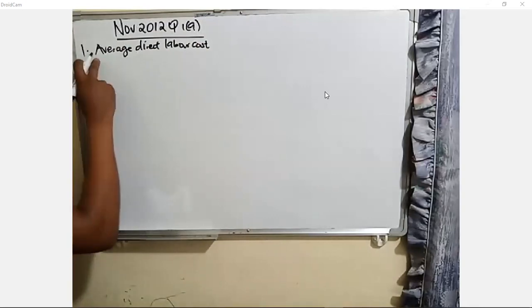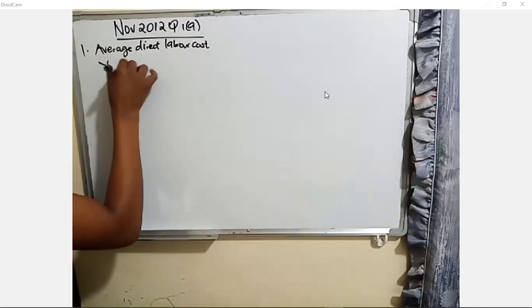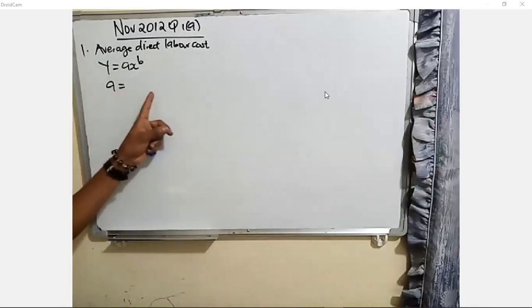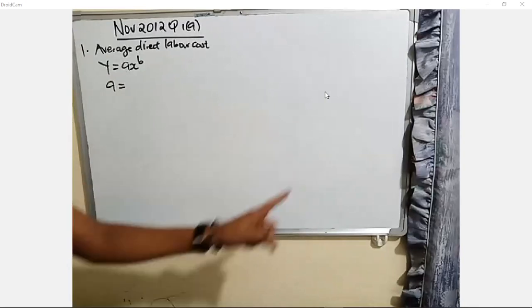Because we know that a learning curve is about labor cost, because it is labor intensive, I'm going to use my average time formula, where y equals ax raised to the power b. What is my a? My a is the time taken to produce the first unit, the first batch.